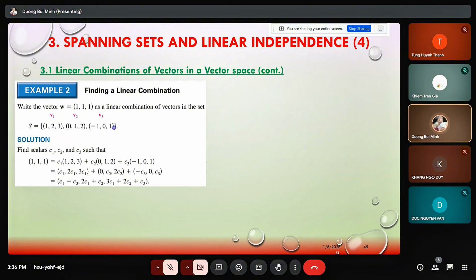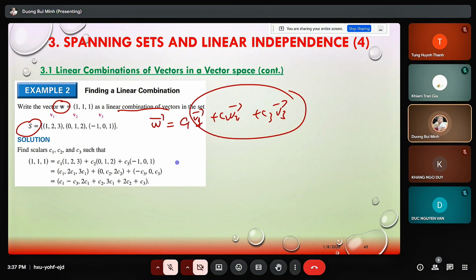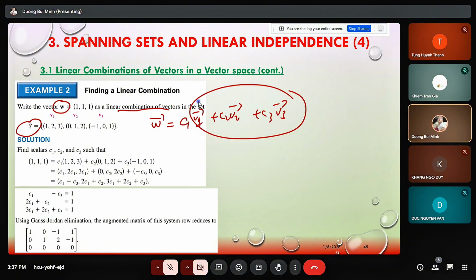Write the vector W as a linear combination of vectors in the set S. We need to demonstrate vector W is C1 times V1 plus C2 times V2 plus C3 times V3. This needs to be consistent. Now look, equal to C1 times V1, C2 times V2, C3 times V3.